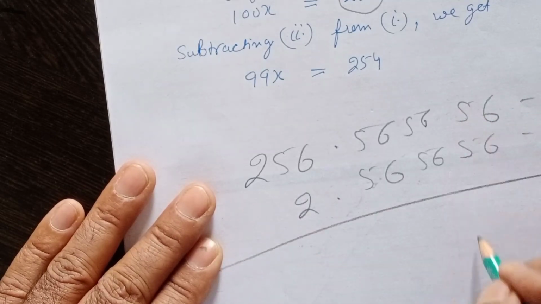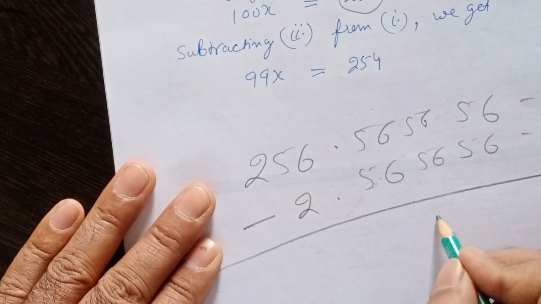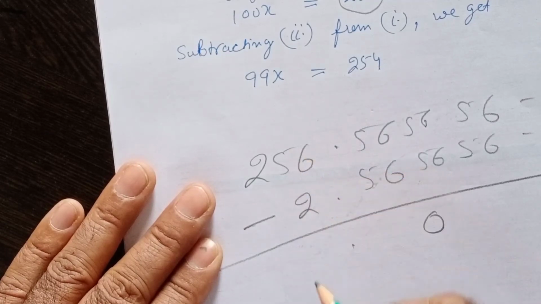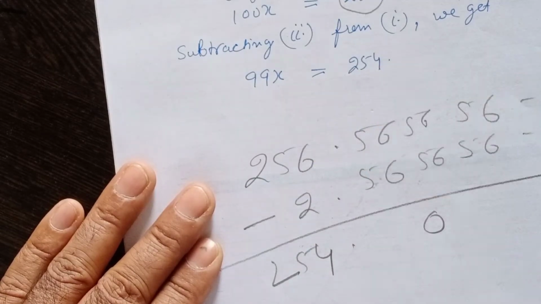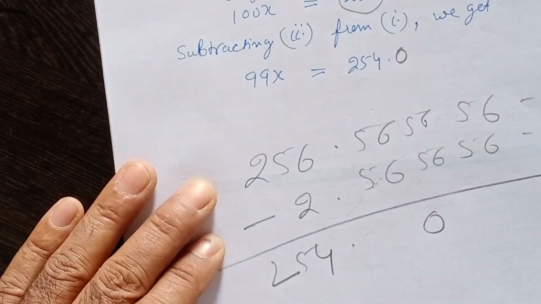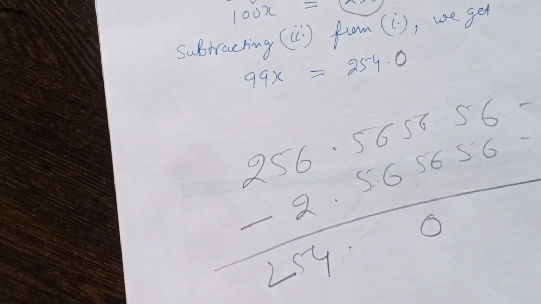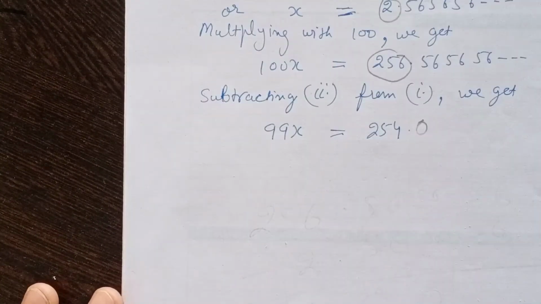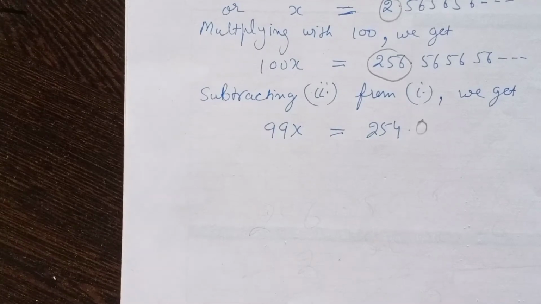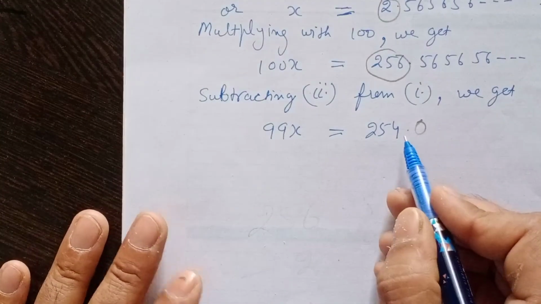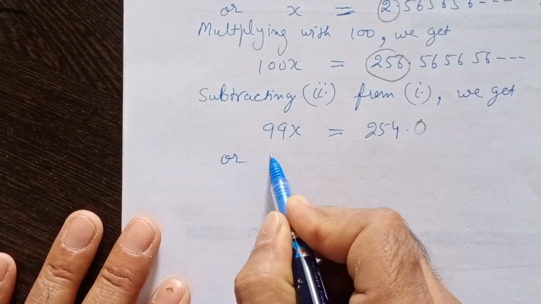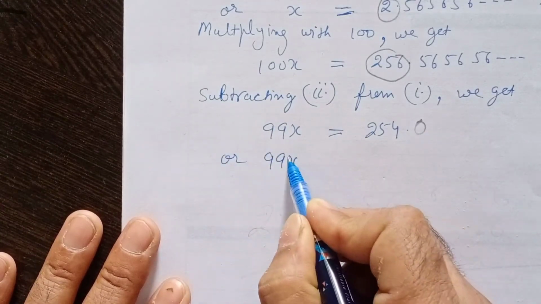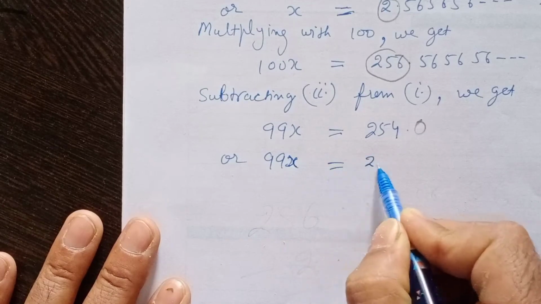So this is 0, this is 0, all this is 0. 6 minus 2 is 4, then 5, then 2. So hence this is 254.0. I just rubbed off all that. Now we have a very simple thing, 254.0, or we can write 254 only.